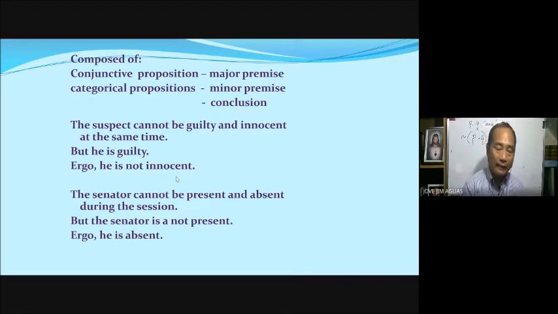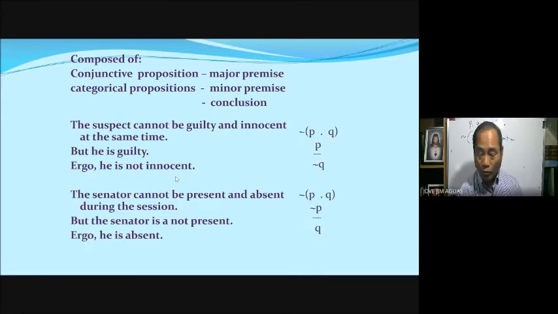In disjunctive, the two disjuncts cannot be both false. But in a conjunctive, they cannot be both true. So that's the difference between the two. Now, as to the process of making a conclusion, I'm showing you how it is written there, the schema.